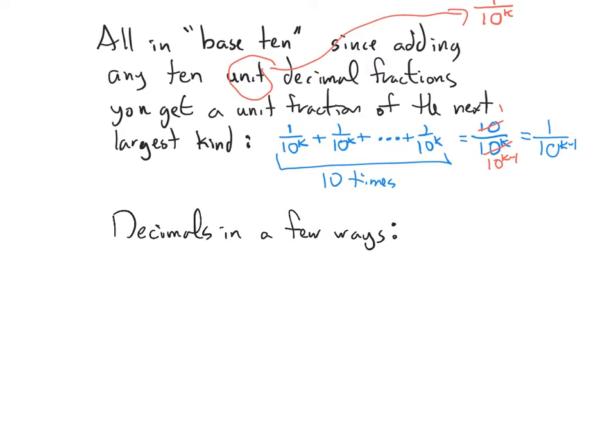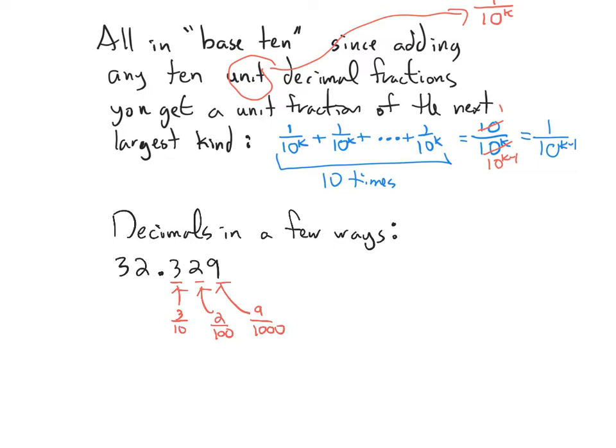So let's take the following example. This is 32.329. So what does this mean in our notation here? Well, here's 32. We know what that means. But this means 3/10, 2/100, and that's 9 thousandths.